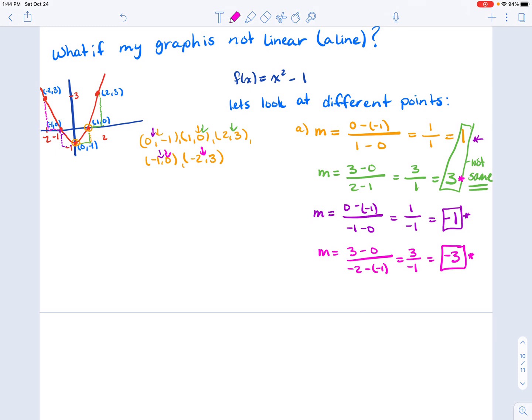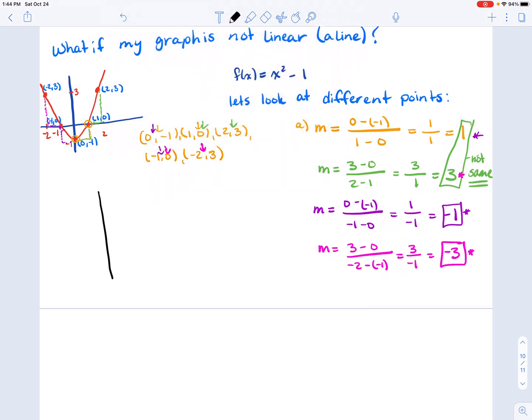Well, let's separate our points, and I'm going to draw them as two different graphs. This one started here. This was our common point of (0, -1). Again, getting a bit excited here. So let's get our point up here, and there she is, (0, -1).